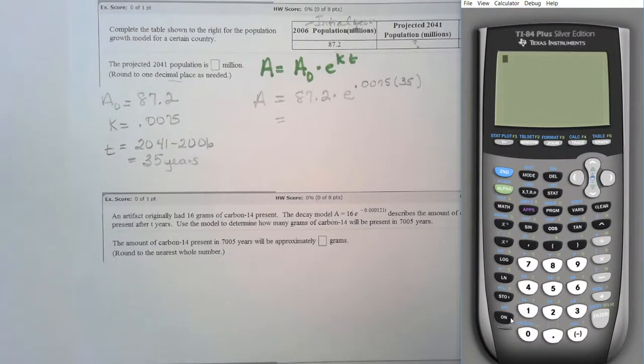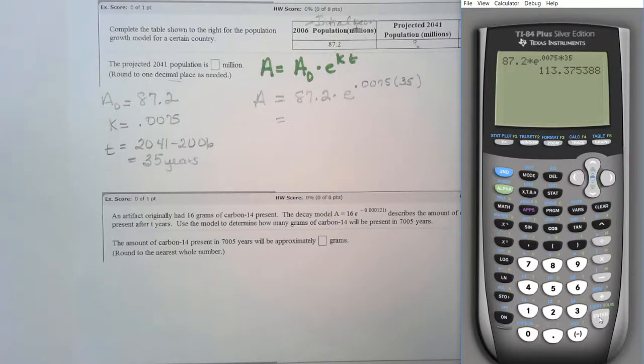and we're going to put in 87.2 times, and then second and ln, which is the e to the power, and then we have 0.0075 times 35, and let's press enter.